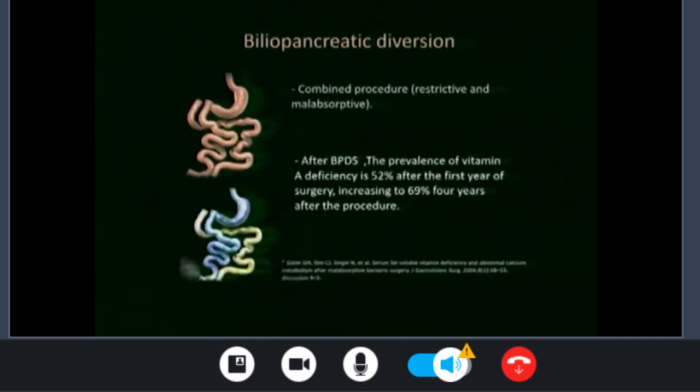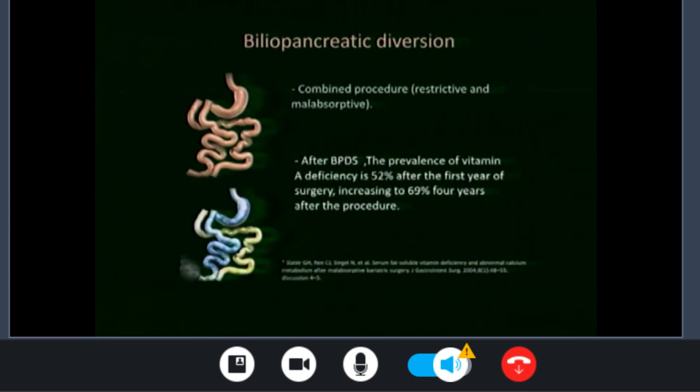The other surgery is biliopancreatic diversion. It is also a combined procedure, restrictive plus malabsorptive. They keep just the proximal part of the duodenum and connect it to the distal part of the ileum, the last part of the GI tract.